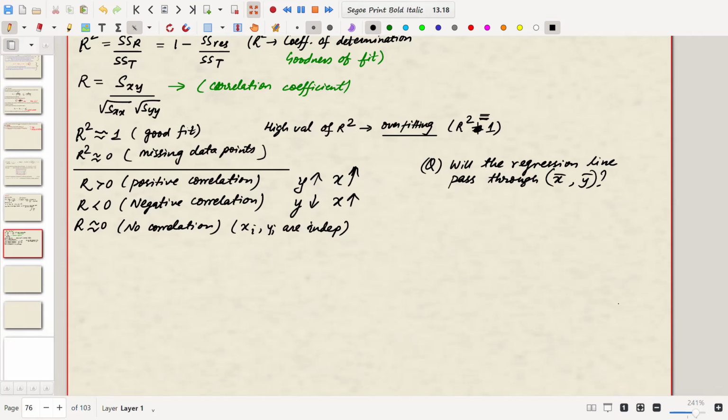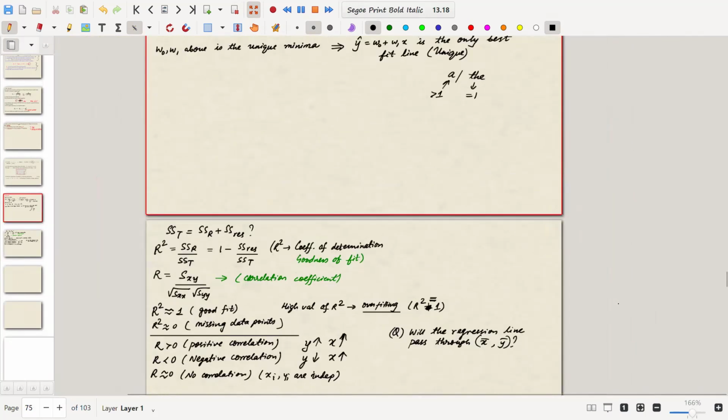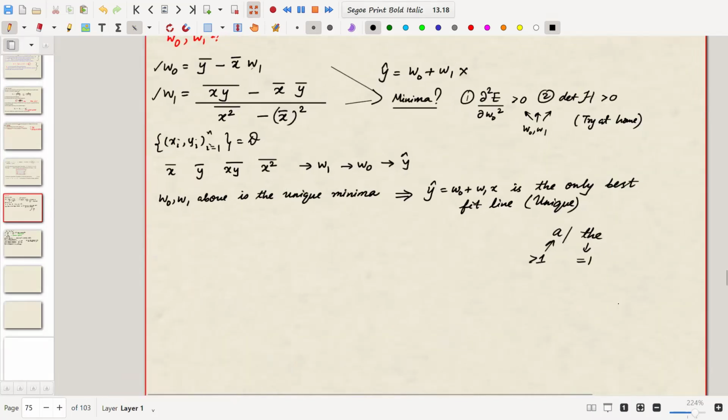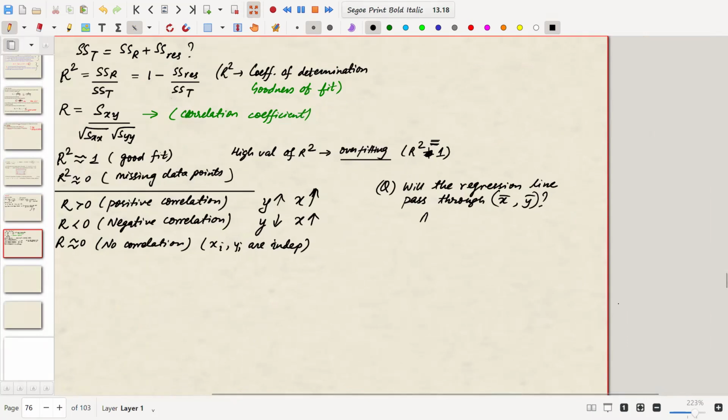If yes, why? So this is your assignment. It will pass through Y bar. Why?